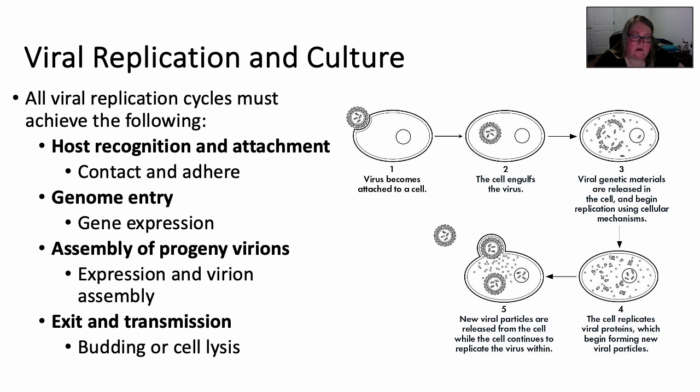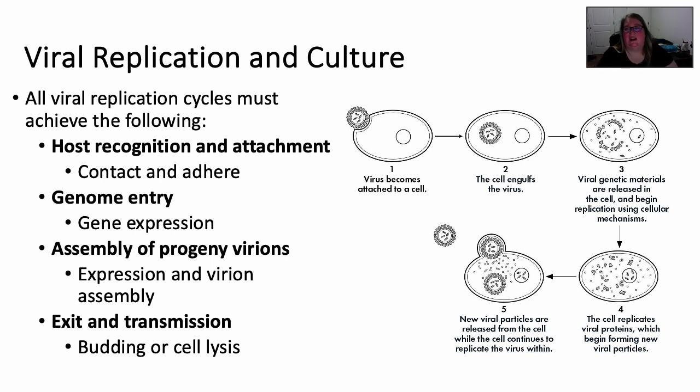So they're going to escape the way they got in, and they're going to release their genetic material in the cell, and they're going to hijack your cellular machinery in order to go through that replication process like we've talked about.